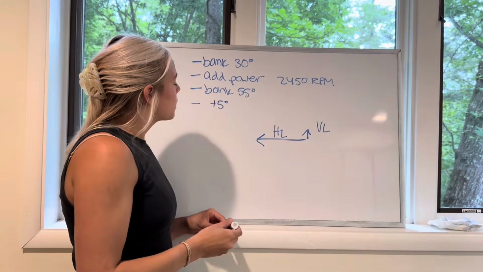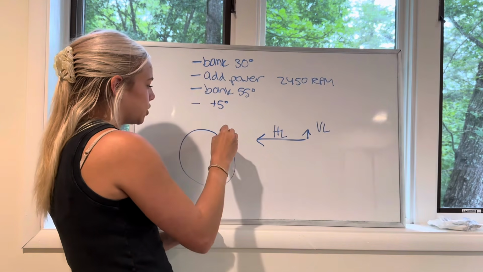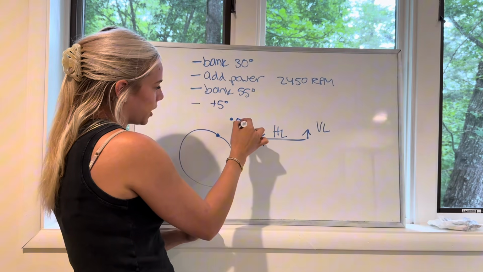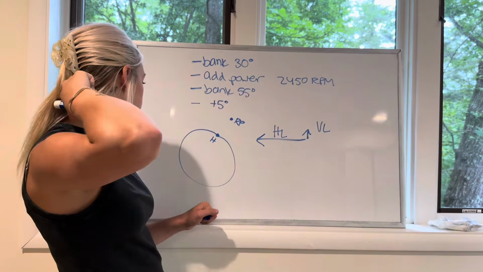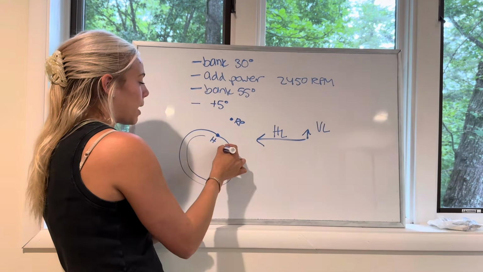So as I'm in the turn, what you're going to do is a 360 degree turn. This is where you're starting and you picked a reference point out here. So that's our reference point. We bugged our heading. We're going to begin our turn this way and come all the way back around.